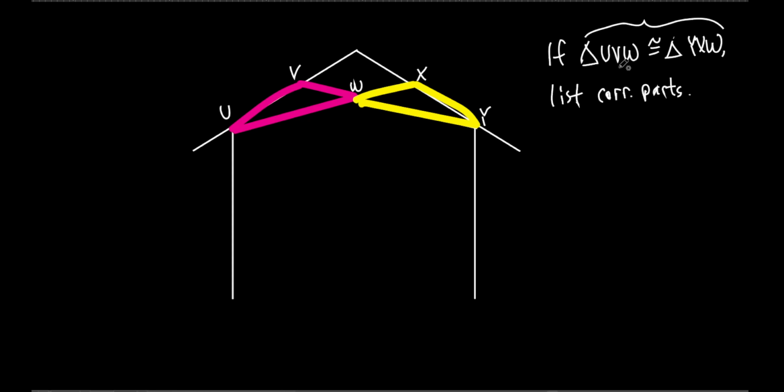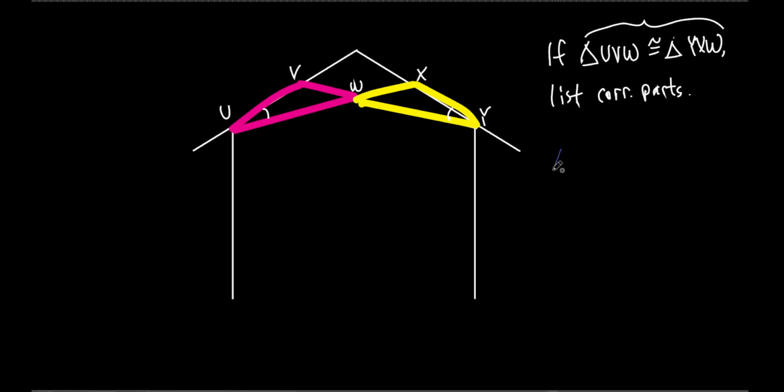Just by looking at the congruent statement, we can tell which angles are equal to each other. So for instance, angle U must equal angle what over here? Look at it. Y. That's right. So that means that this angle right here must equal this angle right there. Remember, these triangles are congruent to each other. All right. So if we write it down correctly, which the book did, you can see which things are corresponding.